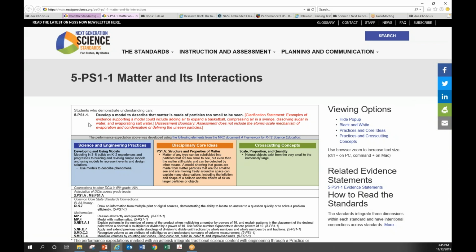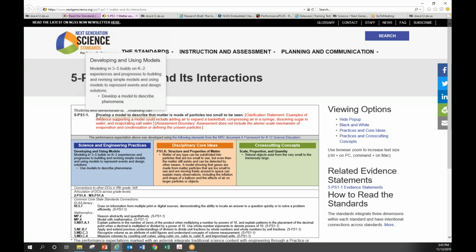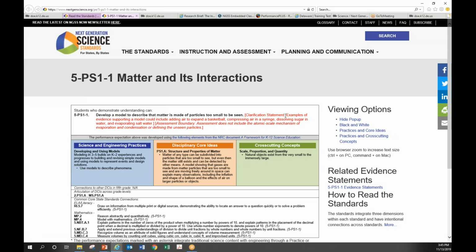When you go to the Next Generation Science Standards webpage, it gives much more detail for what the standard is, what that standard means, what the assessment boundary is for that standard, and then each of the 3 dimensions for that standard.